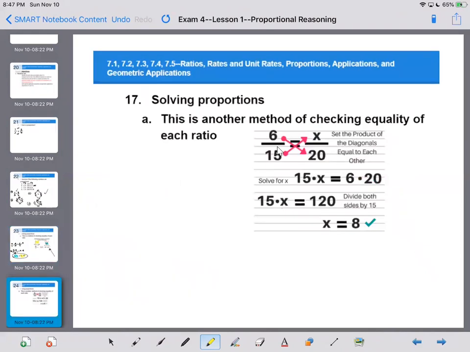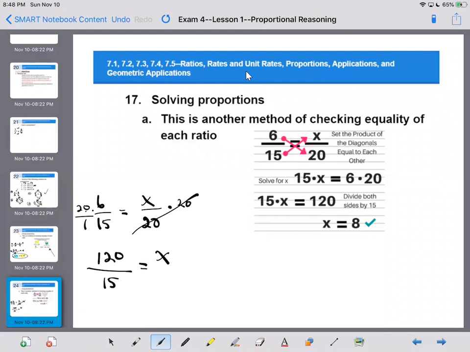So in this case, you have 6/15 is equal to x over 20. If I wanted to solve for x, I could multiply both sides by 20. That would give me 120 divided by 15 is equal to x.